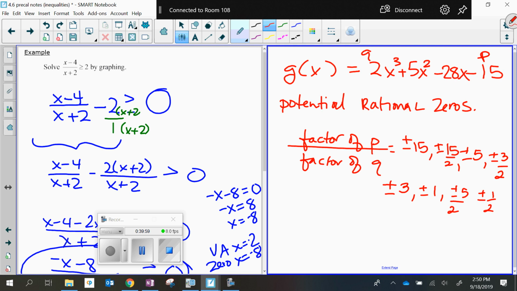All right, so I'm going to plug it in, because this is non-calculator. And I'm going to give you one root. 30, no. P over Q. 30 is not a factor of 15, it's a multiple.